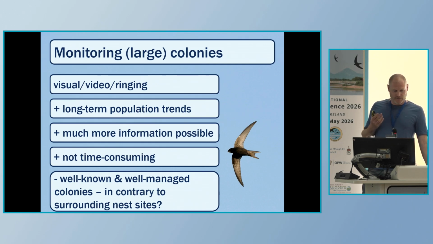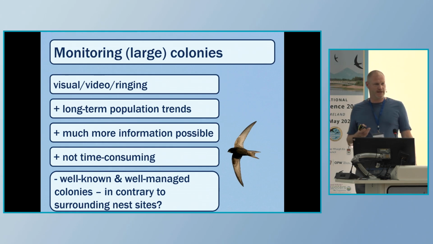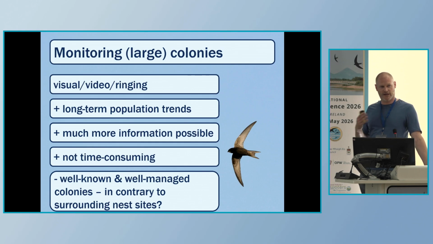And these have quite a low risk of vanishing without being noticed. So the small colonies in the surroundings have a much higher risk of vanishing without being noticed.